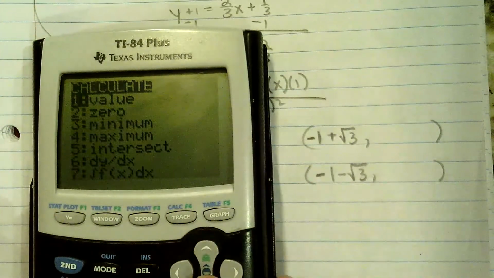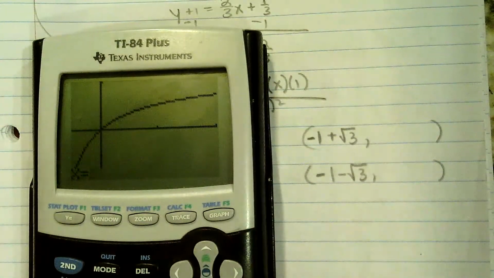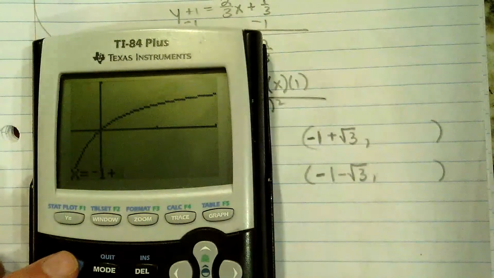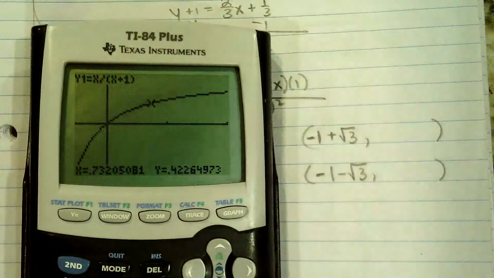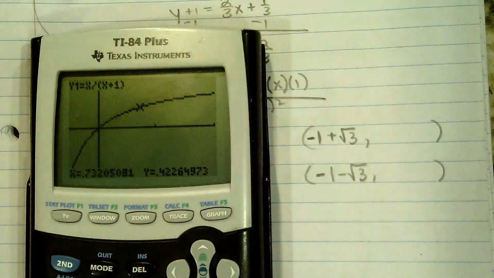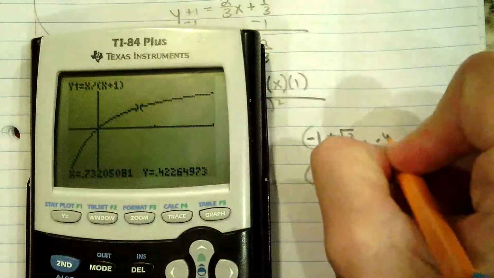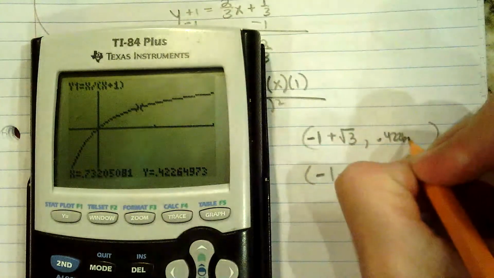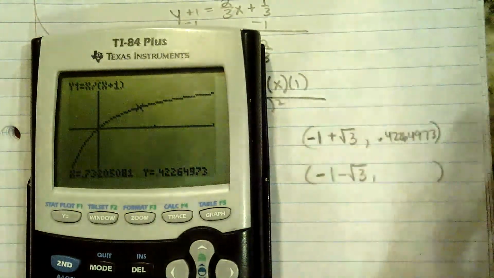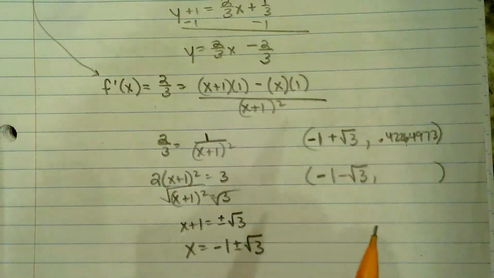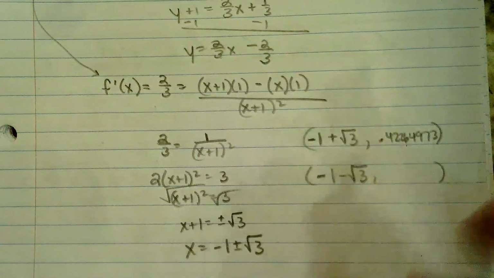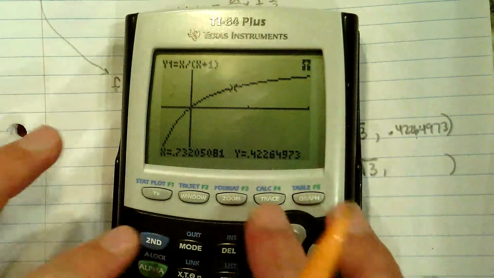Second trace value, negative 1 plus root 3 is going to give me a y coordinate of 0.4226, 4973.